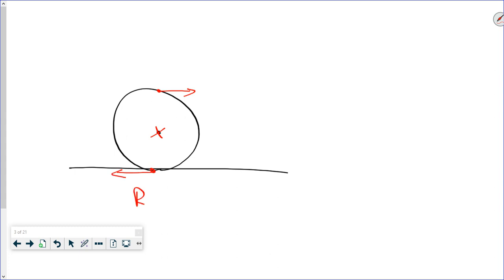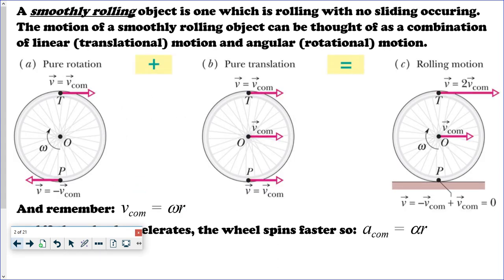So that's the rotational motion. And if you go back to the slide that I've got back here, our pure rotational motion looks like this. Your center doesn't move. The top point on the tire moves forward, the bottom point on the tire moves backward, okay?